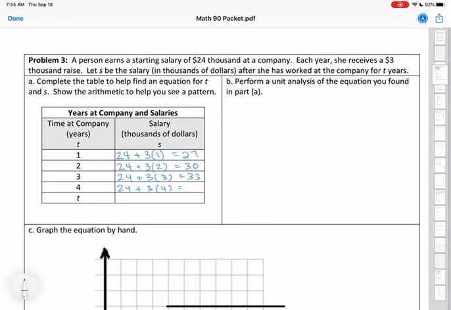Now, what's happening here is we want to look and see what's changing, because whatever's changing is our variable. It varies, right? That's what a variable is. So do you notice every single line we started with 24? Yeah, so let's go ahead and put 24. That was staying constant. Every single time we had a plus. Every single time we put a 3. And now the next number was changing, right?